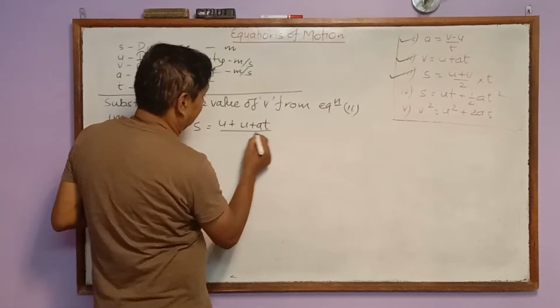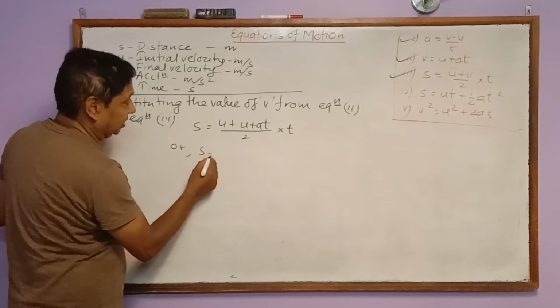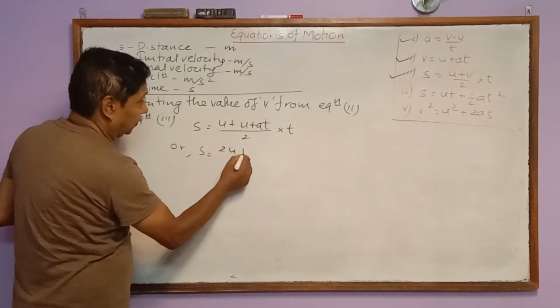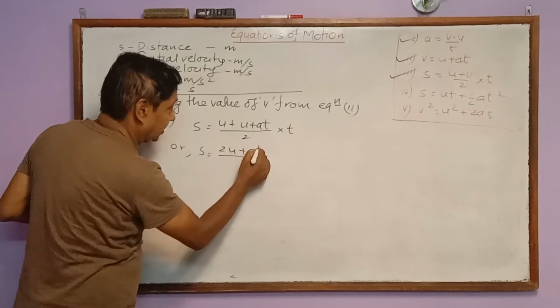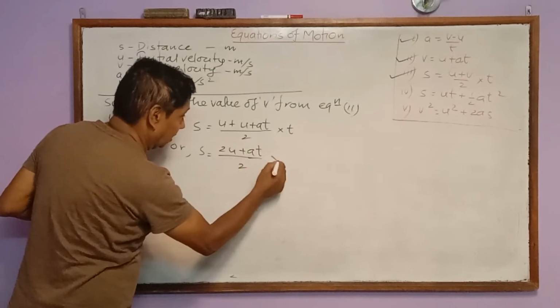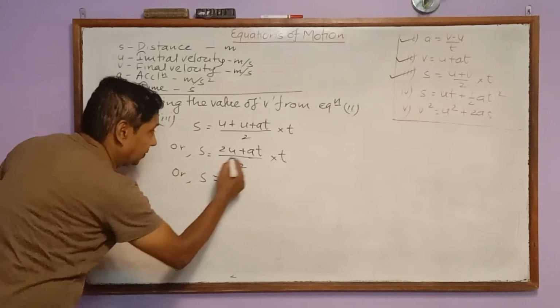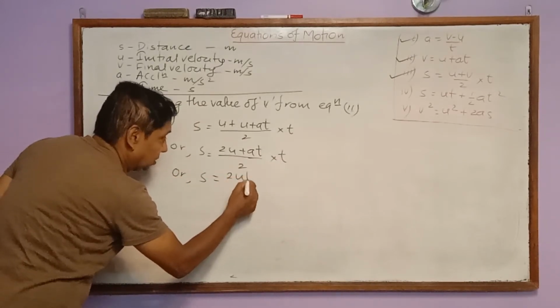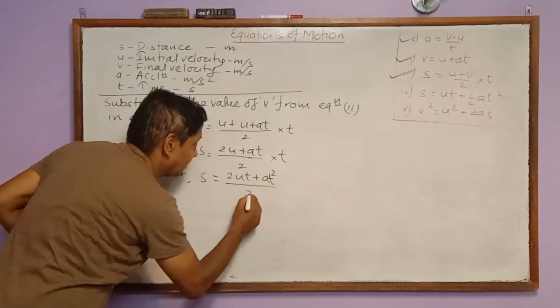Now 2 is the same, into t is also the same, or s is equal to (2u plus at) by 2 into t, or s is equal to (2ut plus at square) divided by 2.